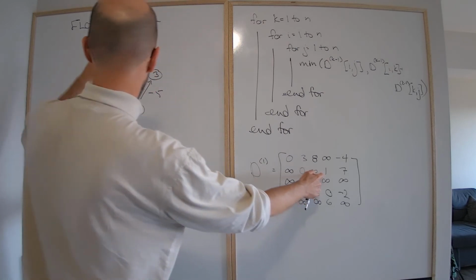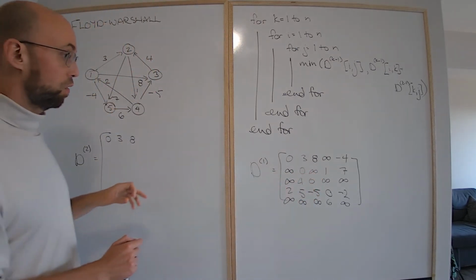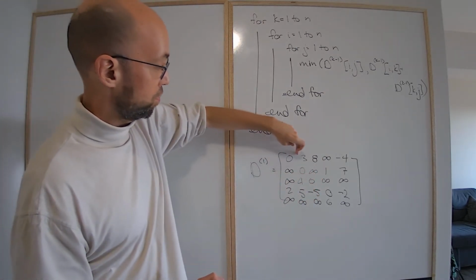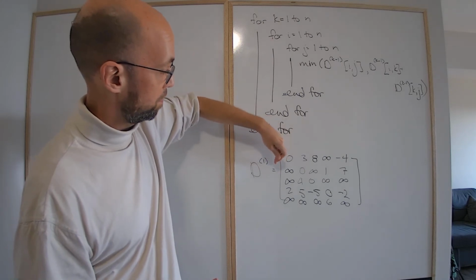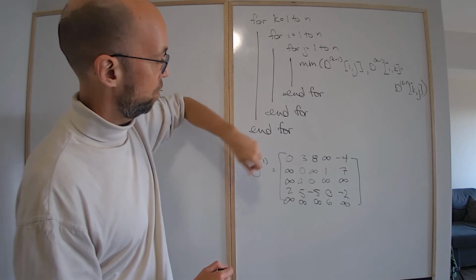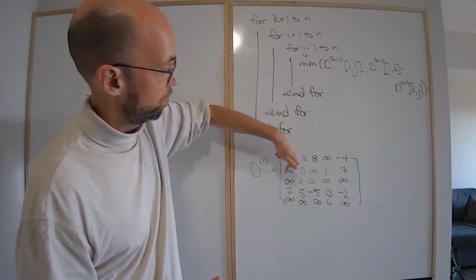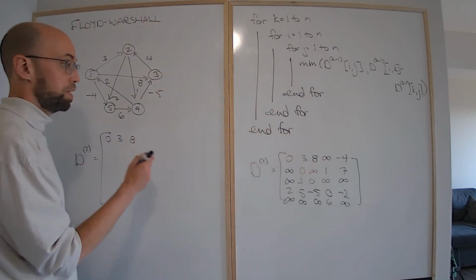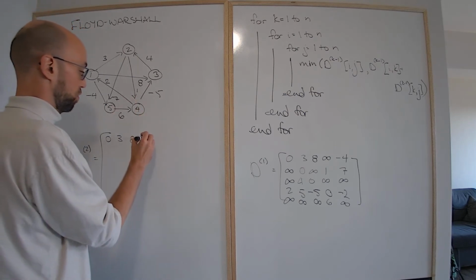So in this case, it's direct. So this is the cost of going from 1 to 2, plus the cost of going from 2 to 4. So it's min of infinity and 4, which is 4.